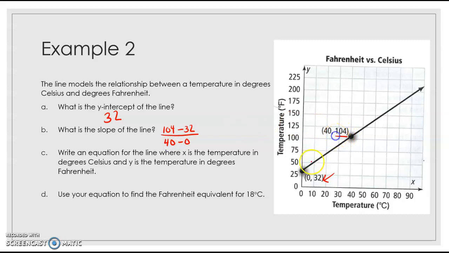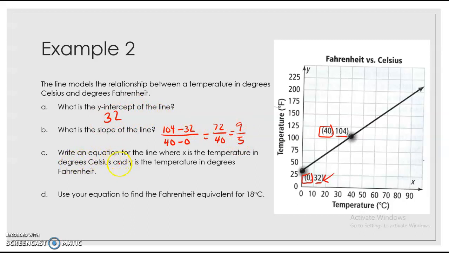So 104 minus 32 is 72, and 40 minus 0 is 40. I know that 8 goes into both of those, so I divide both by 8 and I end up with 9 over 5. So that's my slope. That's my y-intercept.